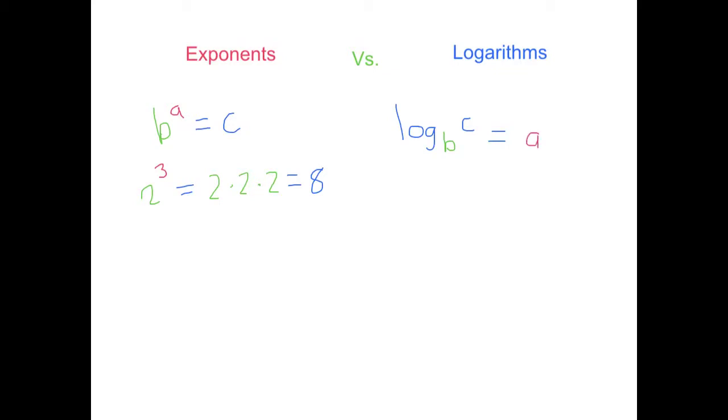I purposefully used the same three letters to show you how you can associate each of them with each other. In an exponent, you have a base, you multiply it by itself a times, and you get another number, c. What a logarithm does is it takes the same number b, so you can see that it's the focus in both of these examples. It takes that base, and you have the end result this time. What you don't have is the number of times you're multiplying b.